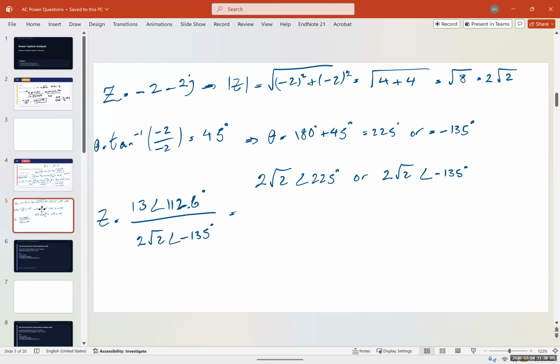So it's going to be 13 divided by 2 square root of 2, which gives us 4.596. And 112.6 minus negative 135 gives us 247.6 degrees. We can write alternatively, subtract 360 by 247.6, and that's going to be a negative degree, but both of them are correct.